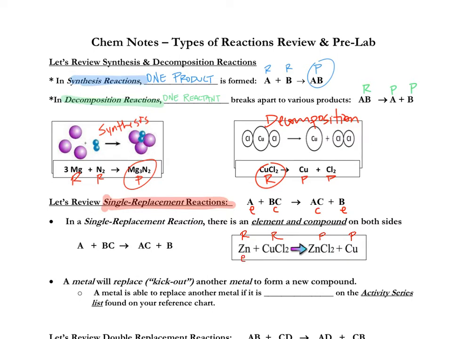But zinc is an element, copper chloride is a compound, zinc chloride is a compound, and copper is an element. So an element and a compound on both sides is a key indicator that it is a single replacement reaction. What's happening is that zinc is kicking out copper, forming zinc chloride, and leaving copper all by itself.